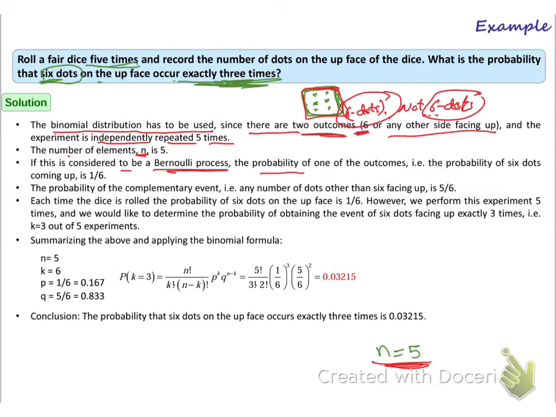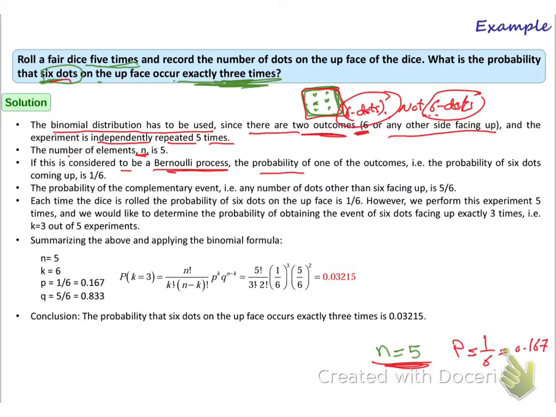The reason he gave us the dice is to let us know the probability, because he doesn't want to give us the probability 0.1 or 0.16 or 0.2. So he gave us one face out of 6 faces. What is the probability of this face of 6 dots appearing? The probability is 1 over 6, which equals 0.16666, or 0.167.